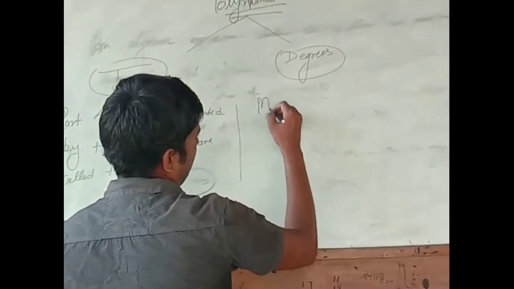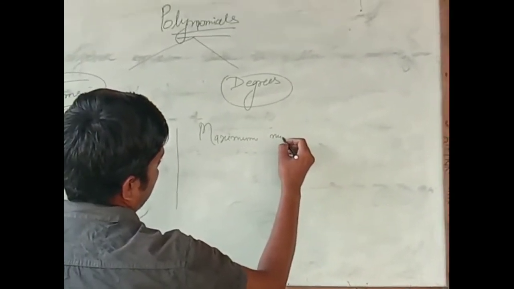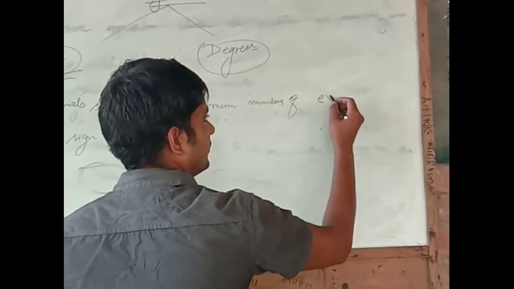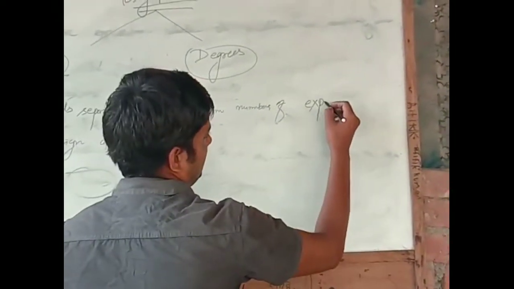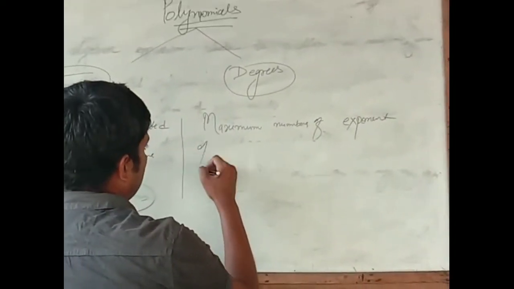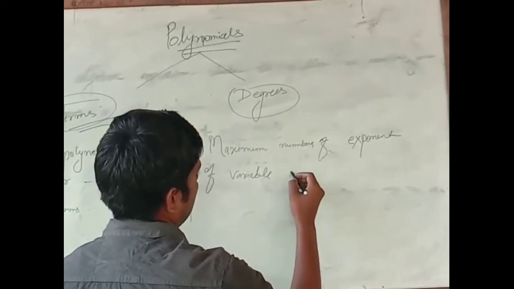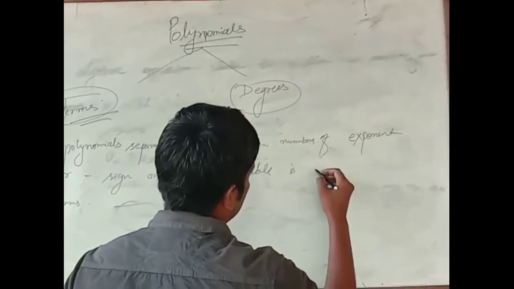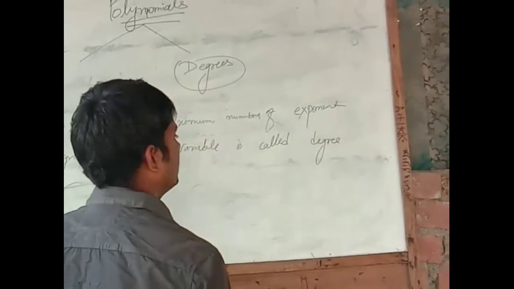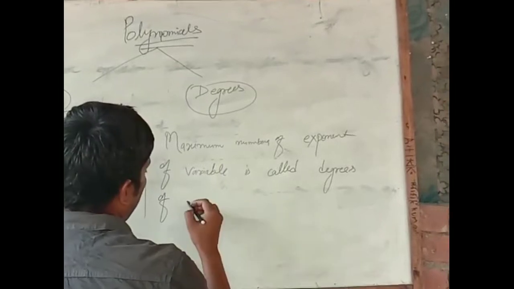And degree: the maximum number of exponent of the variable is called the degree of the polynomial.